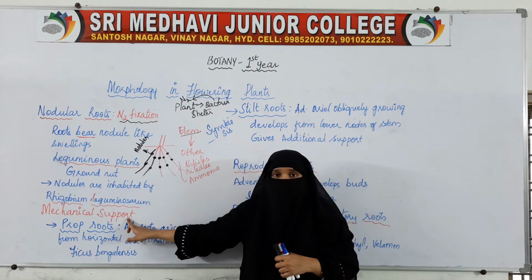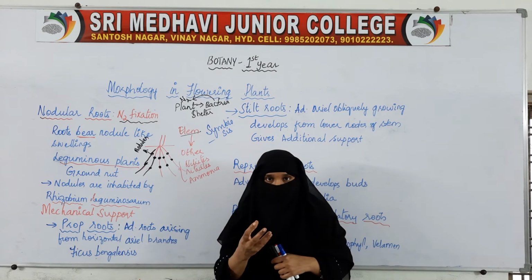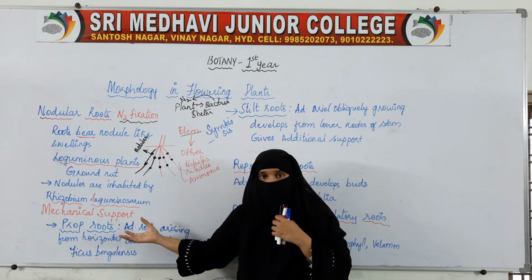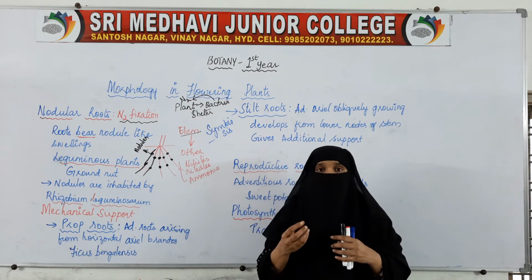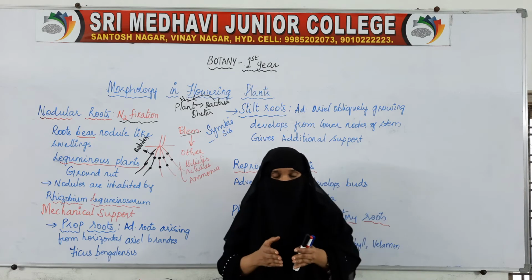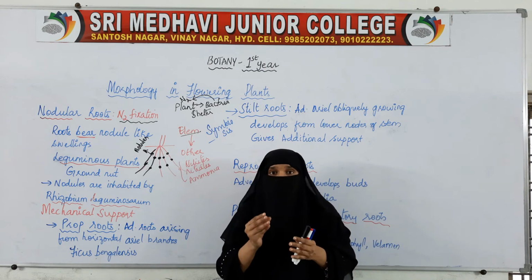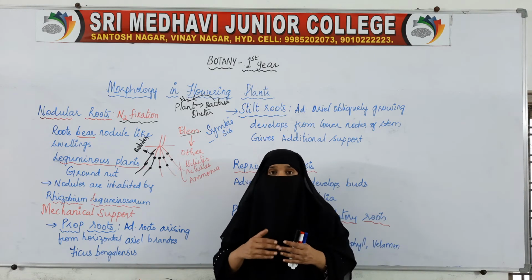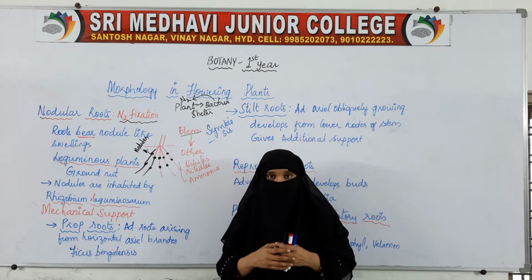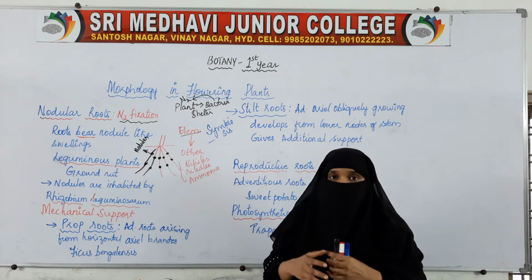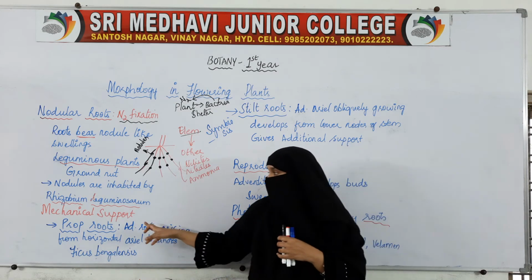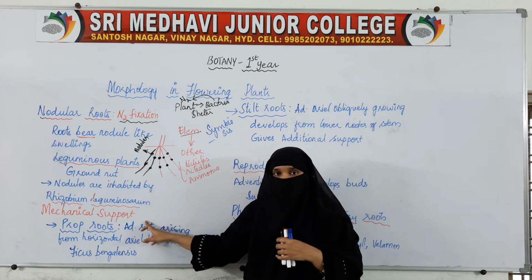The primary roots or tap roots of these plants are unable to support themselves. The roots will be doing the function of supporting, but that much support is not enough. Plants require some additional support, so that additional support is given to the plants.